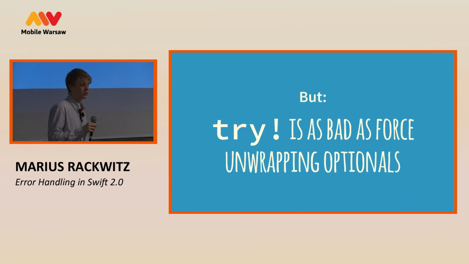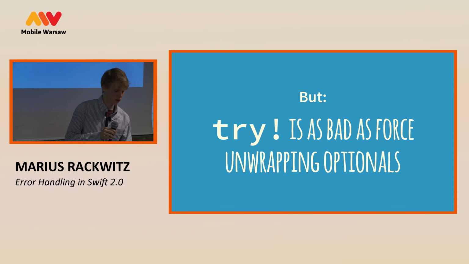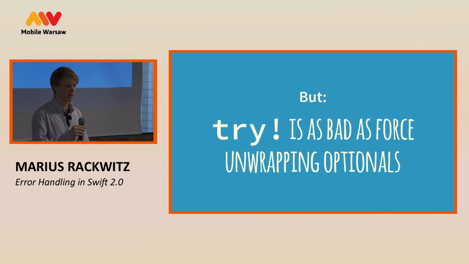So especially try exclamation mark is only as good or as bad as force unwrapping optionals. Sometimes it can make sense to force unwrap an optional, and sometimes you really shouldn't use it, because if you don't use it with care, you will crash the app, and that's really an undesirable event for the user. I mean, we are all aware of that, and we have all been in the situation of the users.